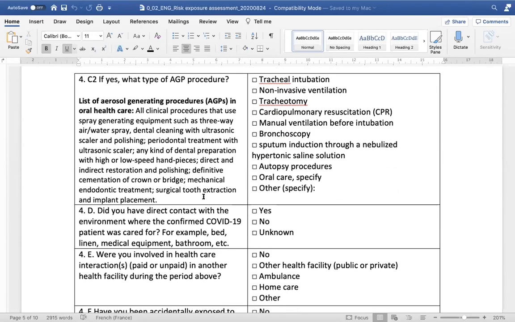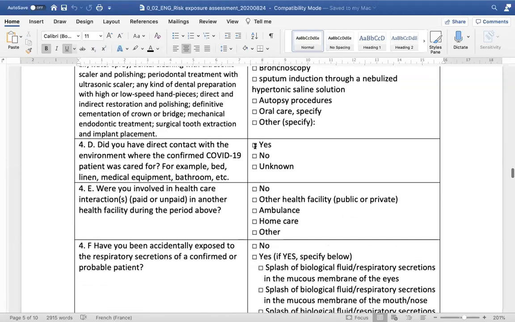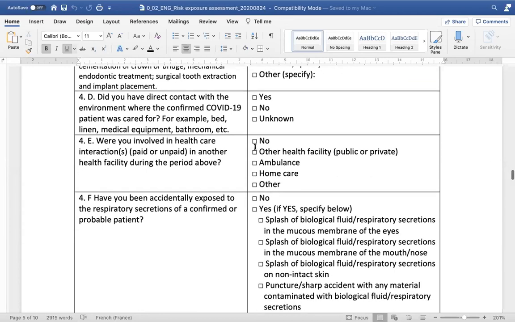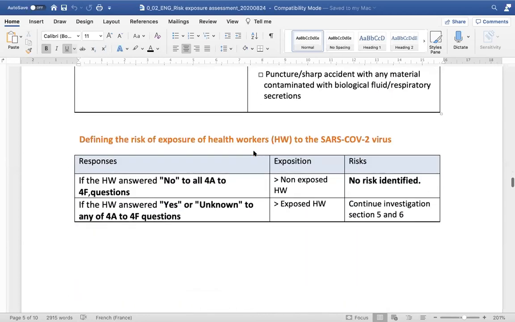And if there is an aerosol generating procedure, which one in particular were you performing? Did you have direct contact with the environment? So we're looking at fomites as a mode of transmission. And any interactions with other healthcare facilities. Again, accidental exposure to respiratory secretions of a confirmed or probable COVID patient.